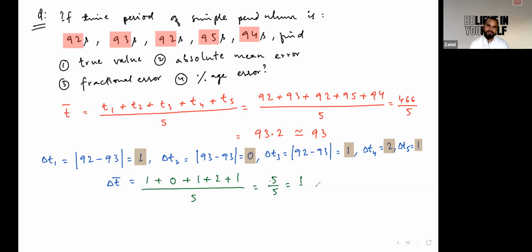So your final answer for this part will be true value, that is 93, plus minus the error part, that is 1 second. Is it clear? Abdul Wahid?